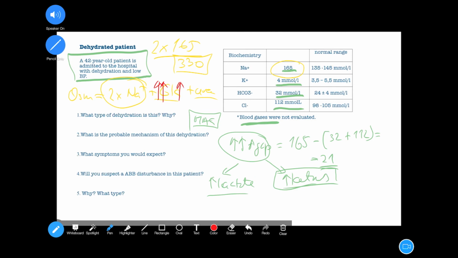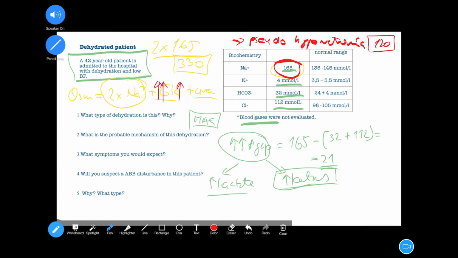And in this case, if you have high glycemia, you would expect pseudohyponatremia. So you would expect having like 120 sodium. Not our case. Okay? Not our case.